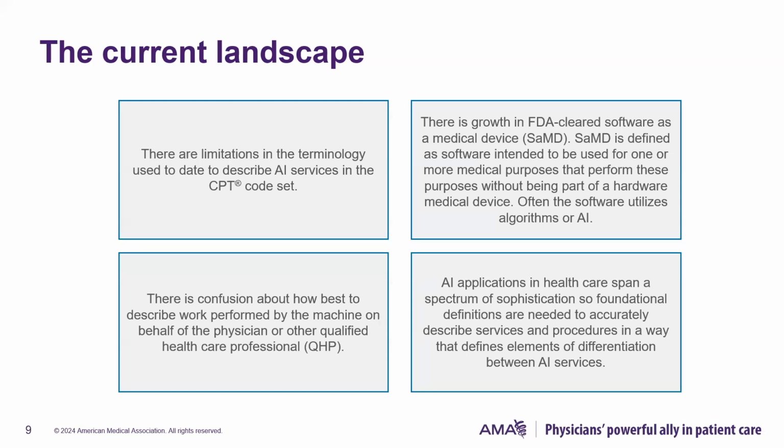A good example of this is 3D volumetrics. It may be performed automatically on all chest CT images loaded to a PACS system, whereas the clinical utility of 3D volumetrics is only established for a subset of the patients undergoing that image acquisition.